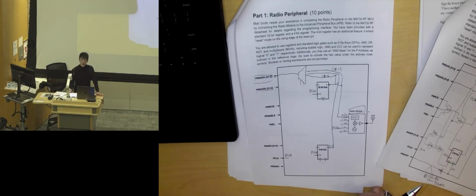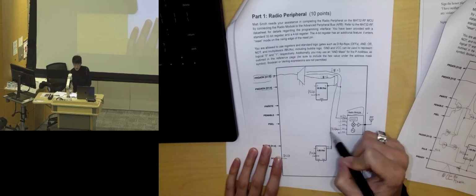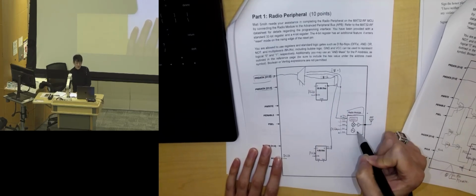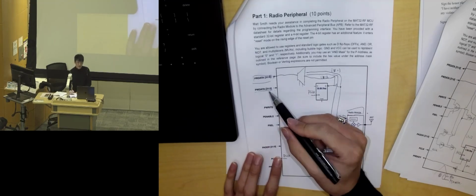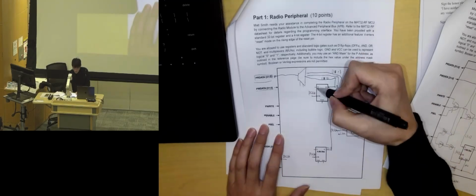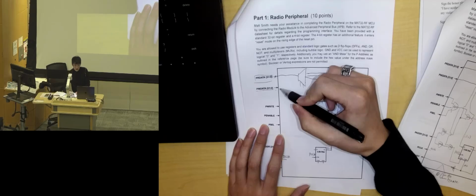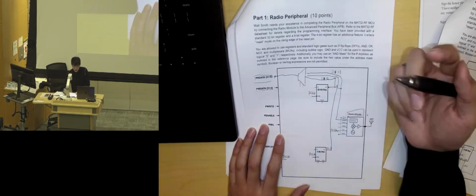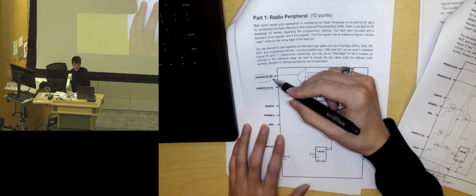And if it's read-only, then chances are the D here is going to be connected to some other external stuff instead of connected to any of the P-write data bits. Imagine if it's read-only, probably this D is connected somewhere here. It will not be connected to the P-write data. If it's write-only, then this Q will not be connected to the P-read data in any way.